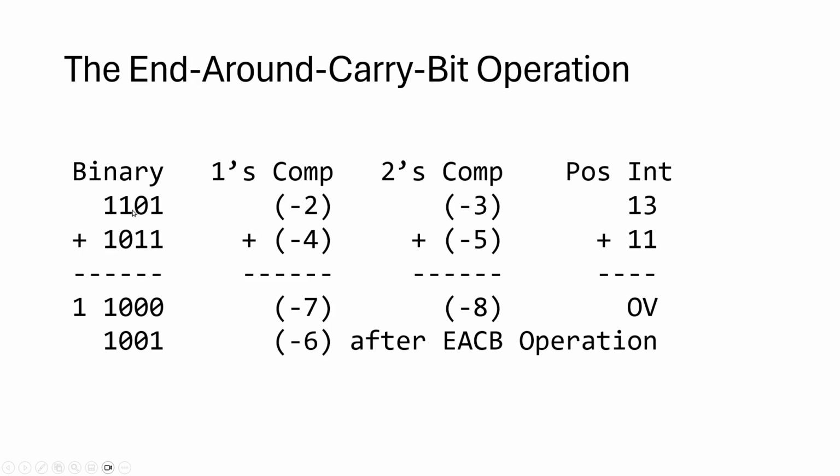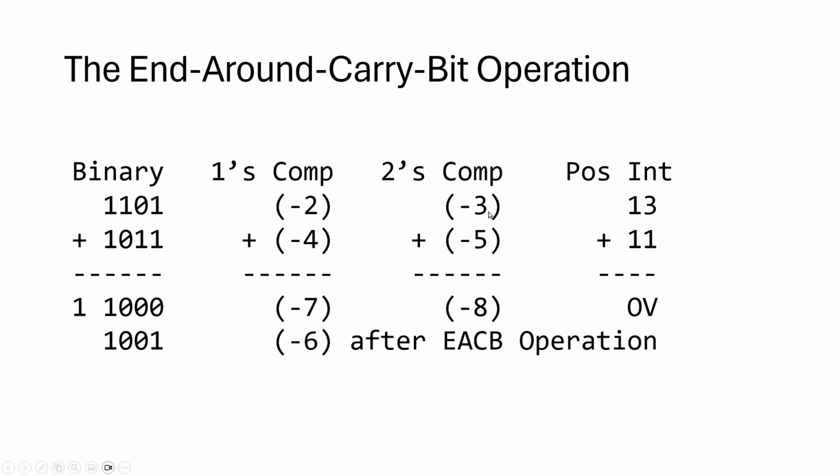This number 1101 under the two's complement system equals -3, and 1011 is equal to -5, and the reason for that is the different way that we interpret these numbers under the two's complement system.